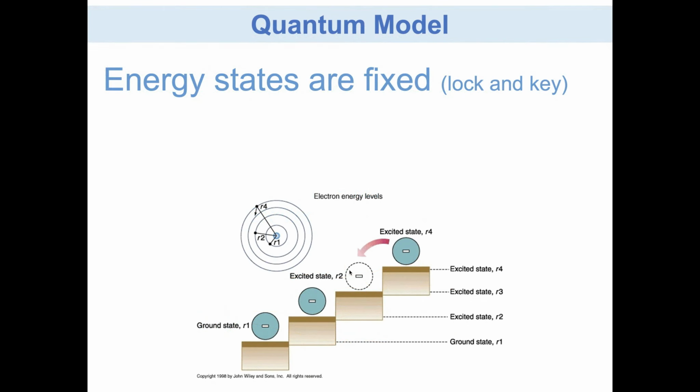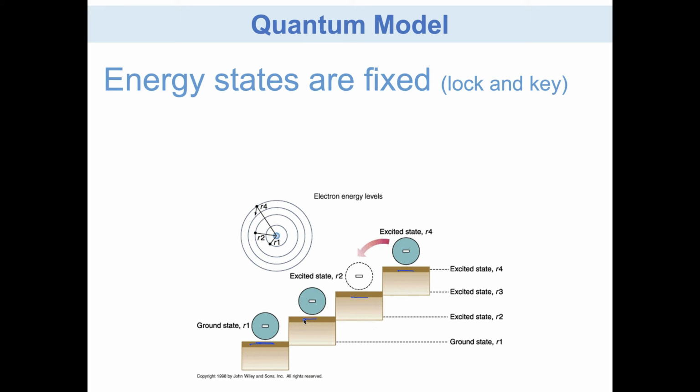And again, the idea is that these energy states are fixed, which is a little bit of a weird idea. But if we look at this kind of stair analogy here, if I've got an electron here at the ground state, depending on how much energy it absorbs, it can move up to higher excited states. So the more energy it's able to absorb, that very specific amount of energy can get it to different excited states.